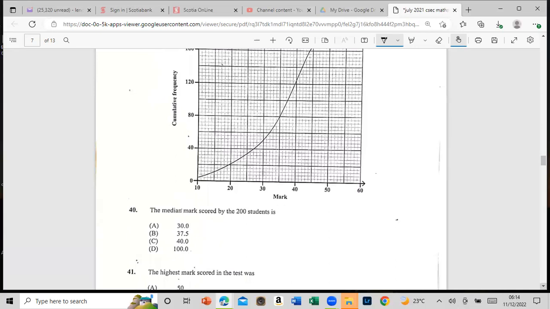If we get this correct, it's a mark of, so 100 students.